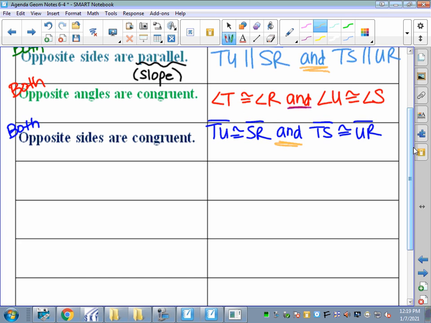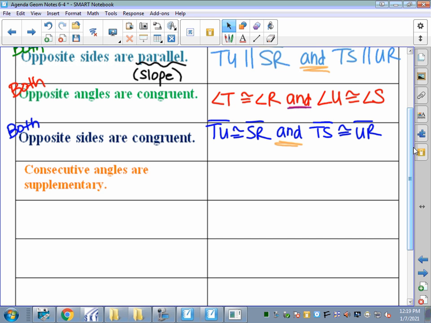So, next rule for rectangles is, this is a new one, the consecutive sides are supplementary. Everybody remembers what supplementary is, right? It means they add up to how many degrees? Did I say sides? Consecutive angles are supplementary.